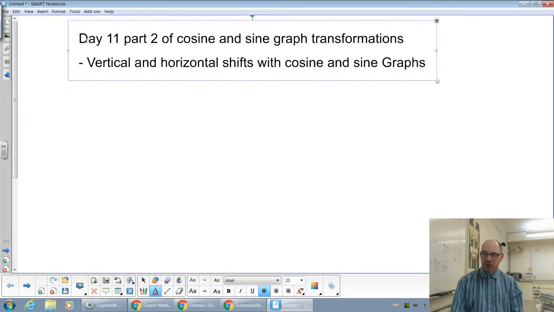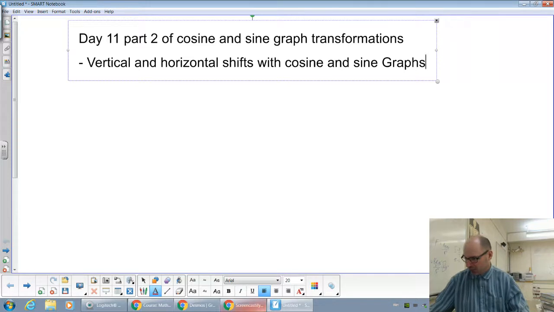And it's end of May here, and so we should be done in the first week of June, and then have time to do some practice and get ready for the final exam and so forth. Okay, so vertical and horizontal shifts with sine and cosine graphs. It's basically what we're going to look at today.